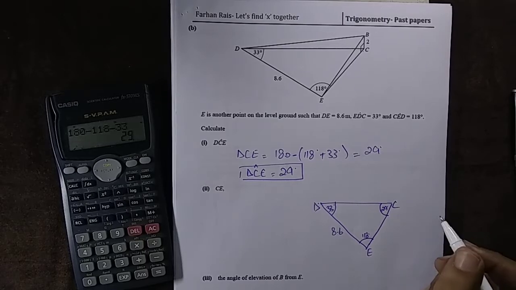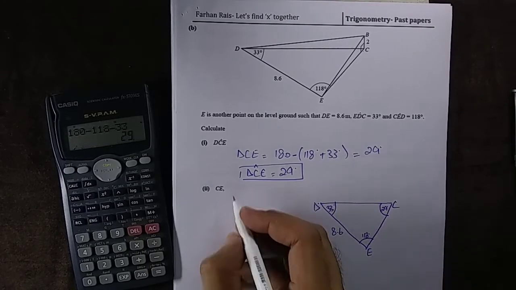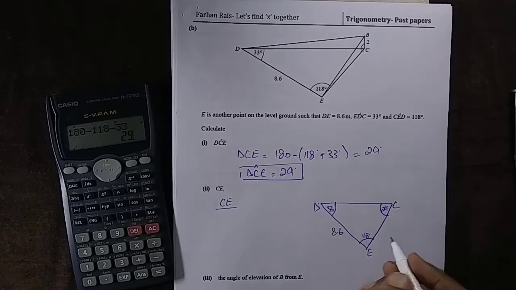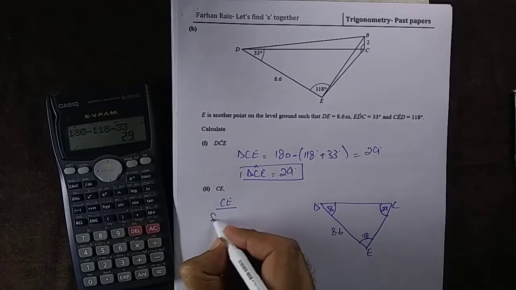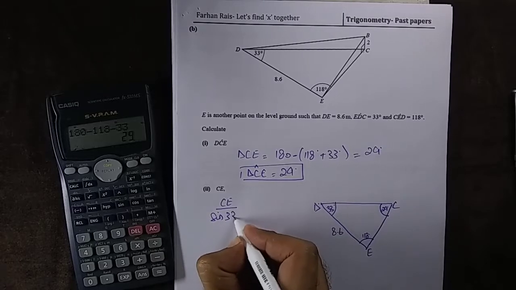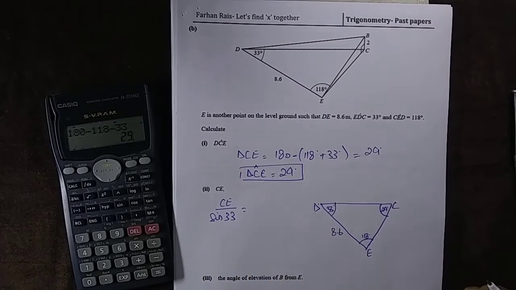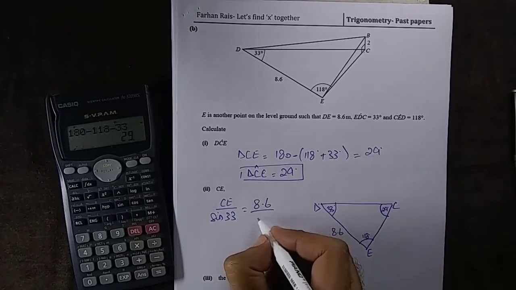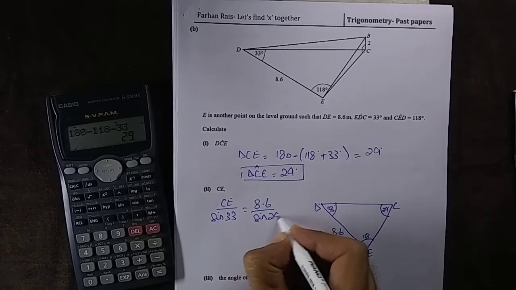So here we can easily use the sine rule to find the unknown side. The sine rule can be applied as CE upon its opposite angle, sine of 33, equals the other given pair, which is 8.6 upon sine of 29.